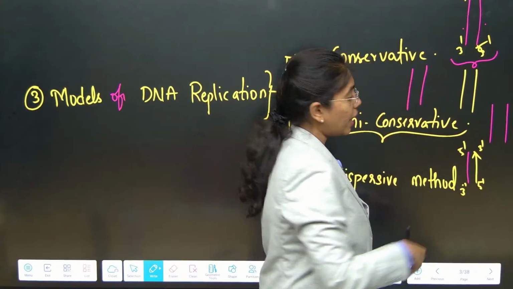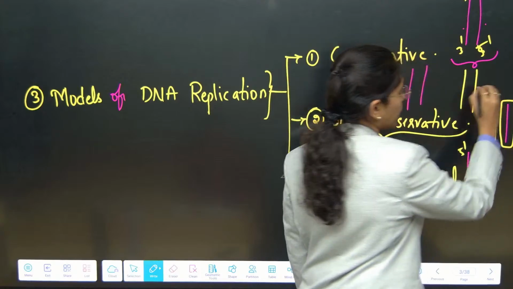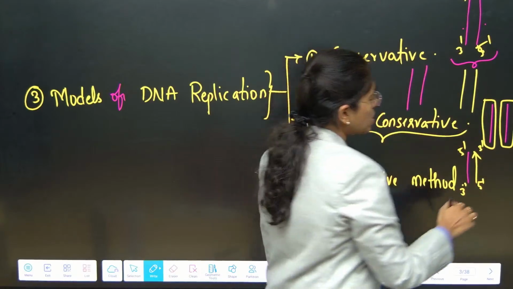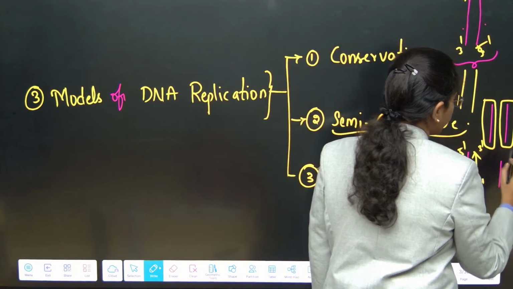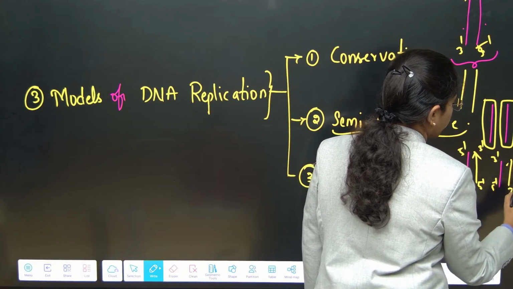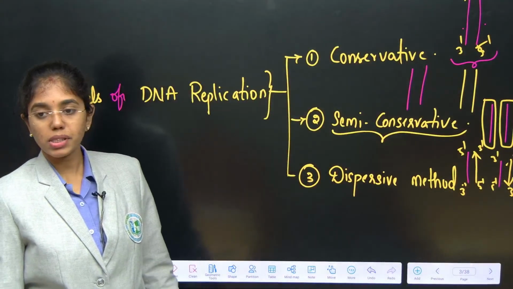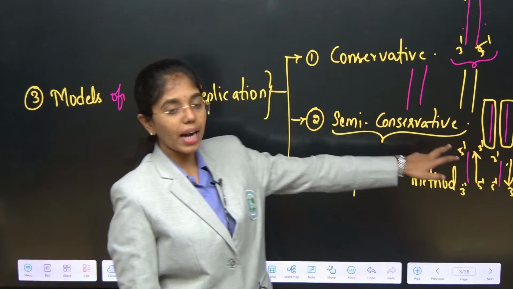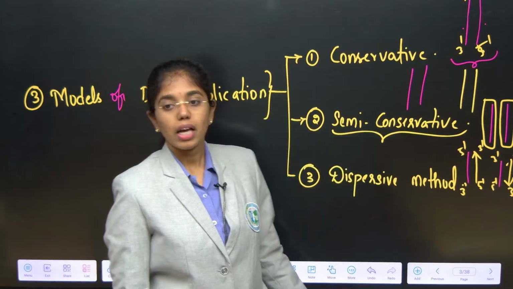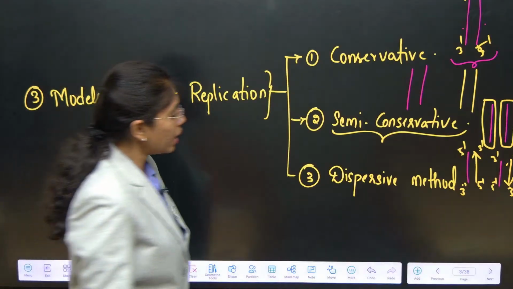And the other DNA strand will also act as a template. For each strand there will be a daughter strand. As such, 2 daughter strands will be synthesized. Here every strand is acting like a template strand. This is the semi-conservative method.